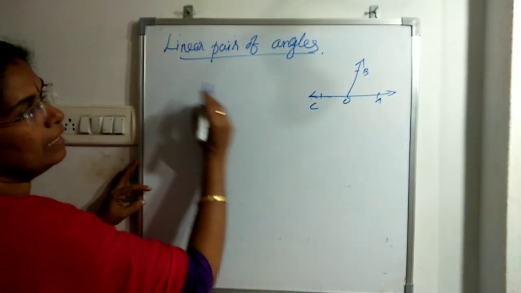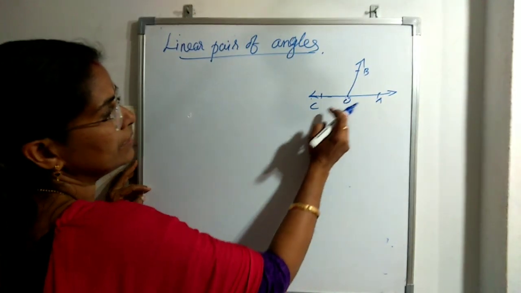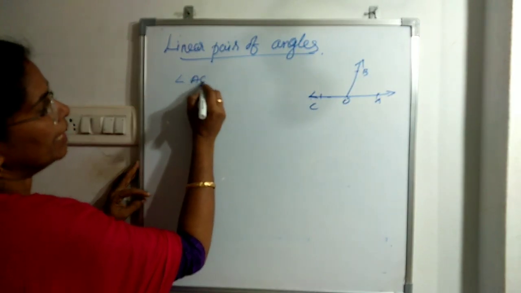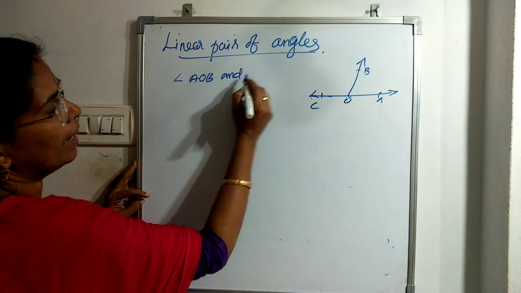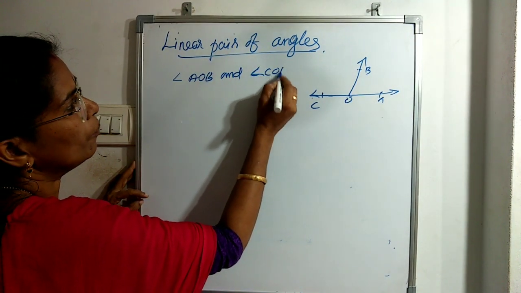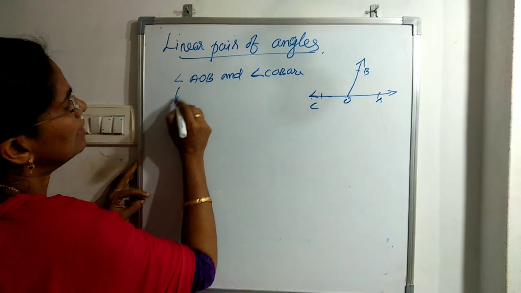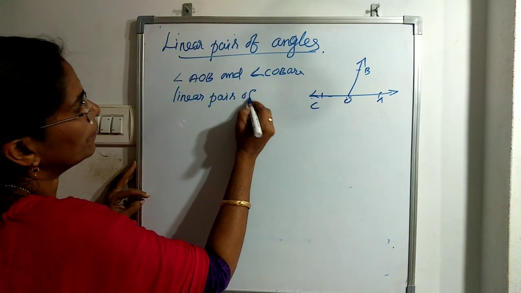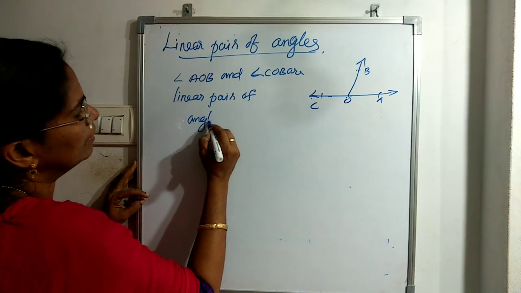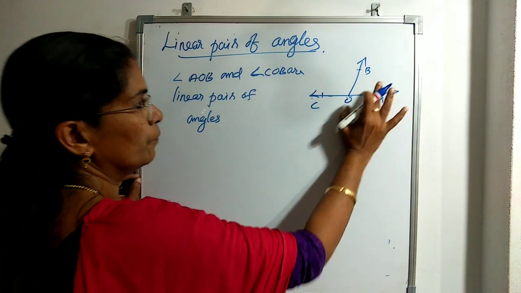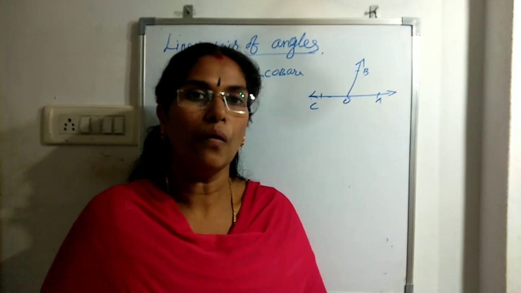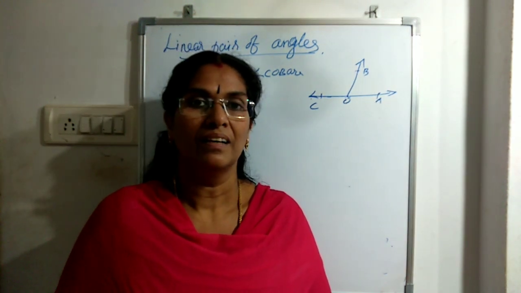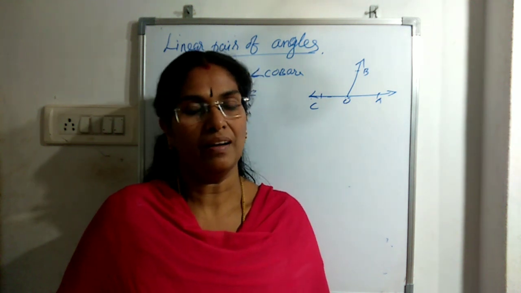So angle AOB and angle COB are a linear pair of angles. It is an adjacent angle also, but in adjacent angles, when the non-common arms form a line, then we can say it is a linear pair of angles.